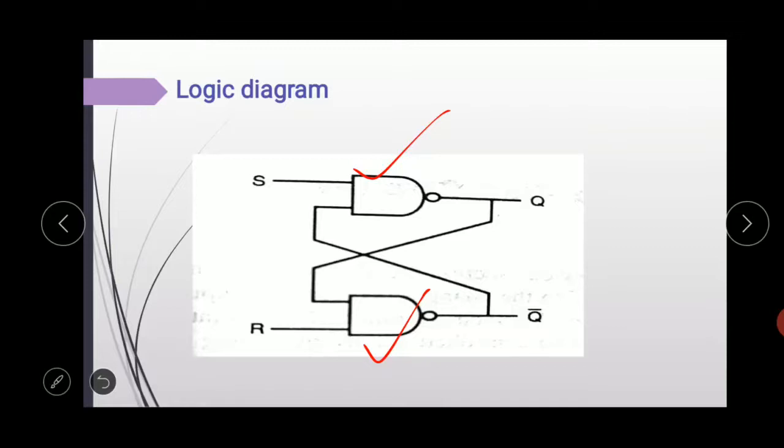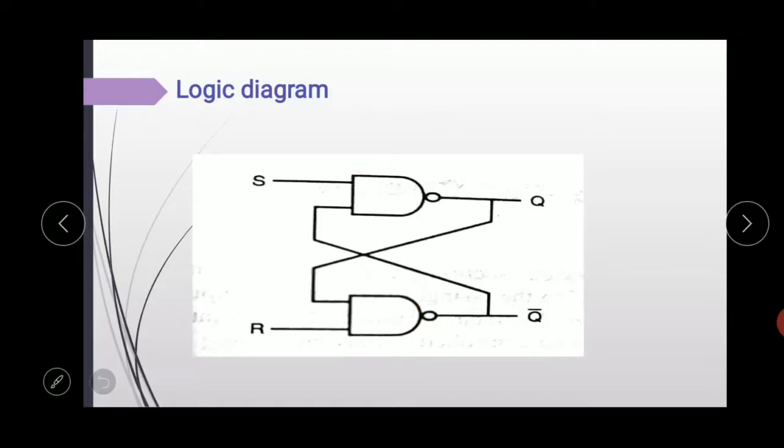For any 0 input to a NAND gate, the output is 1.